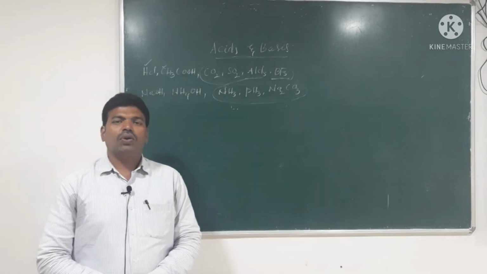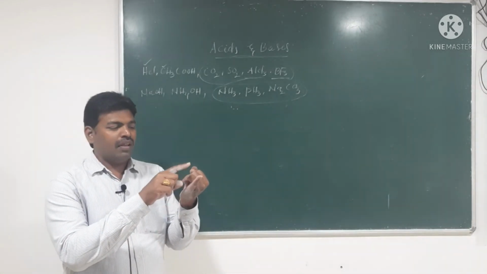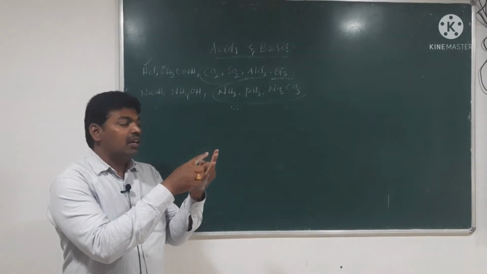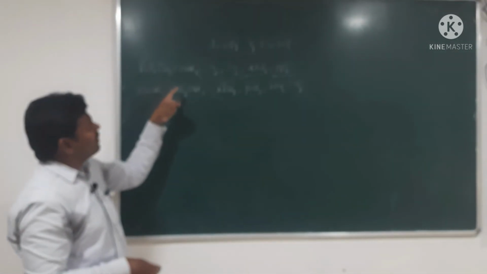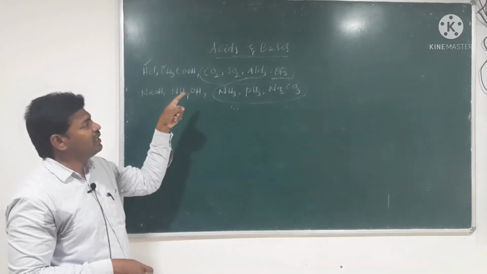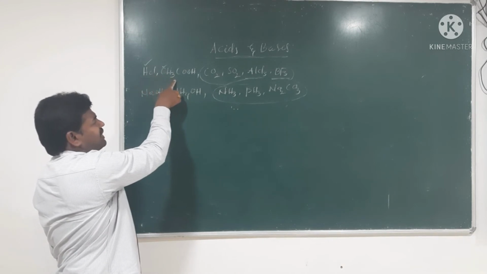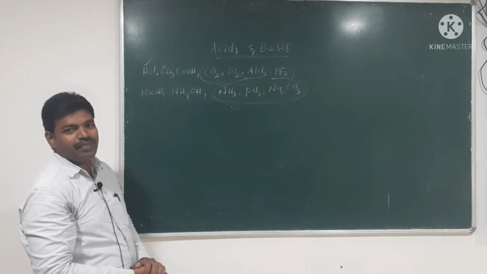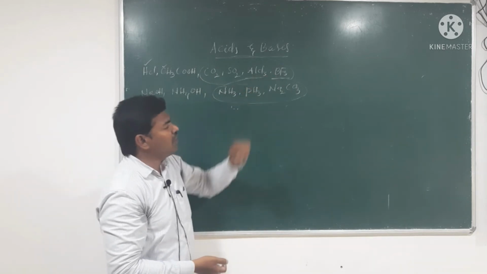Okay, so from these three theories, that is Arrhenius theory, Bronsted-Lowry concept and Lewis concept, we can say which is acid and which is base on the basis of different theories. HCl is an Arrhenius acid, acetic acid is an Arrhenius acid. AlCl3 and BF3 are Lewis acids.